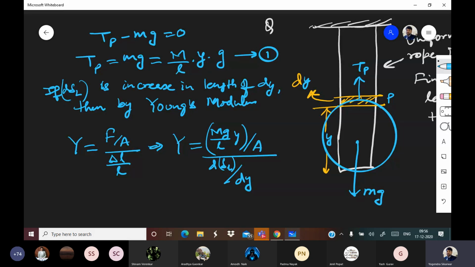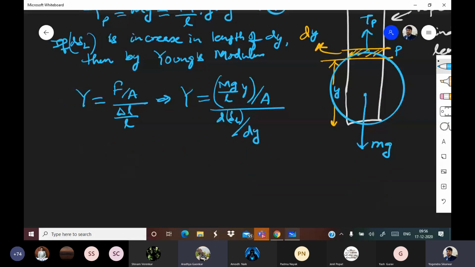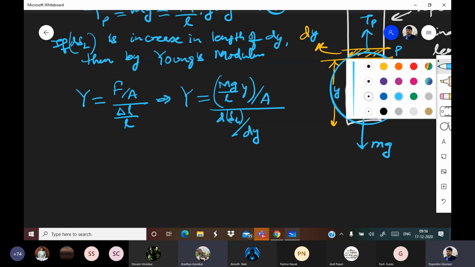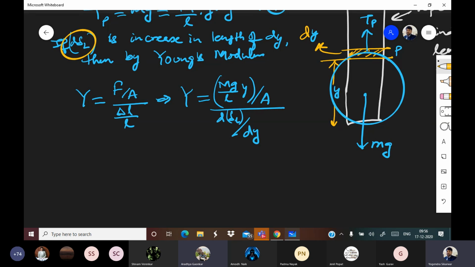So from here, what have we written? In the denominator, the d is of delta L. I have mentioned it here. Now this will give you y is equal to capital M G y upon AL.